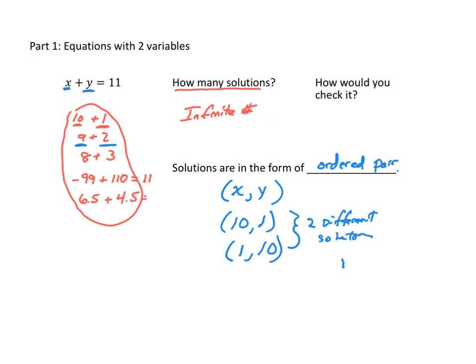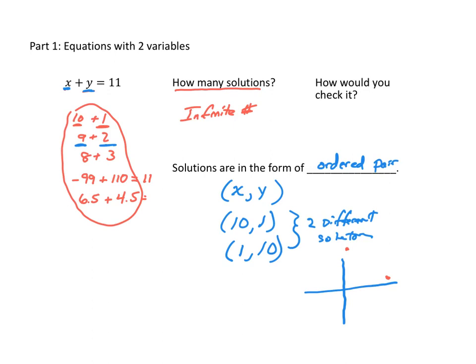Because when we graph them, which is what we're going to be doing, (10, 1) and (1, 10) are not the same point. (10, 1) would be across 10, up 1. (1, 10) would be across 1, up 10. Two different points, two different solutions. So the order matters, because changing the order changes the actual solution.